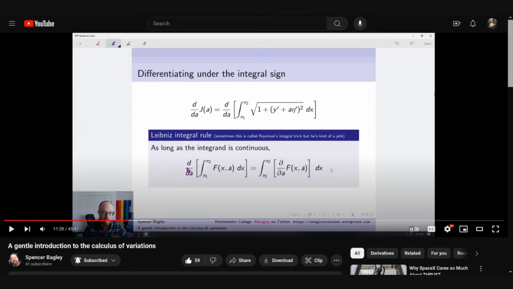So the derivative and the integral, even though, or maybe because, it's a function of x and a. Here it becomes a partial derivative with respect to a, but this is the total derivative with respect to a. This is really weird.